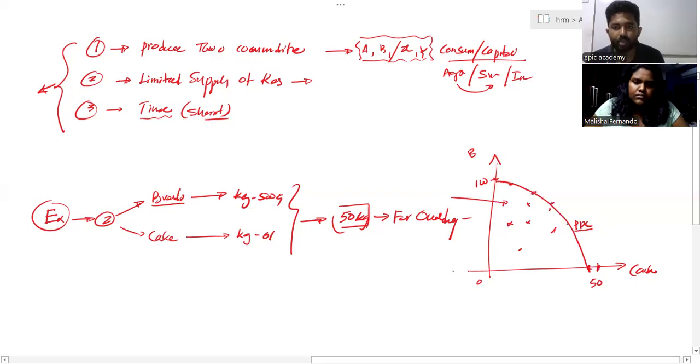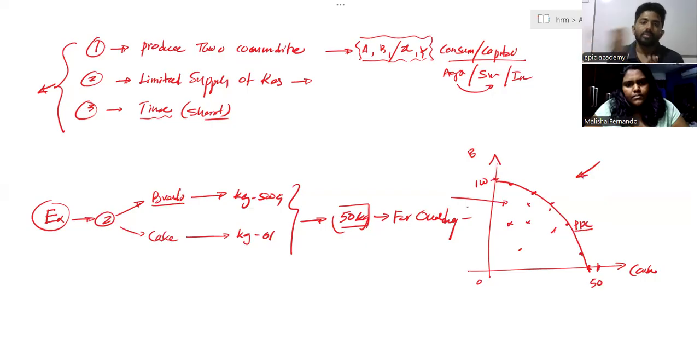But in the area beyond it, you cannot produce goods and services. Why? Because you don't have enough resources or enough production factors to produce that production combination beyond the production line.